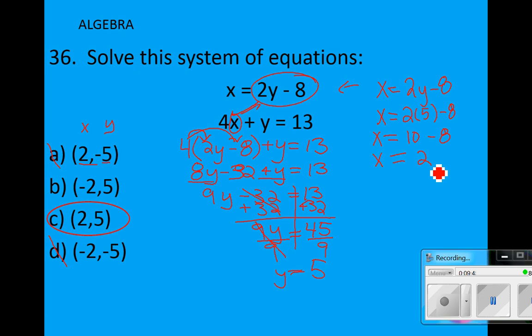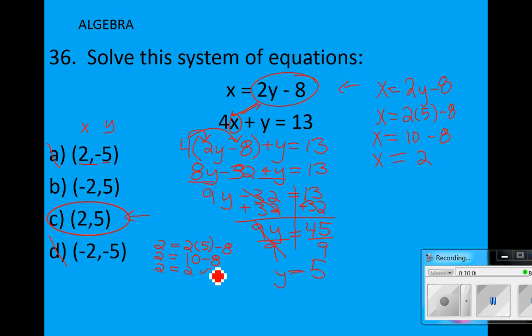If you substituted those numbers in instead, if I substitute answer choice C into the first equation, I would have 2 equals 2 times 5 minus 8, 2 equals 10 minus 8. So 2 equals 2. And that's a yes.